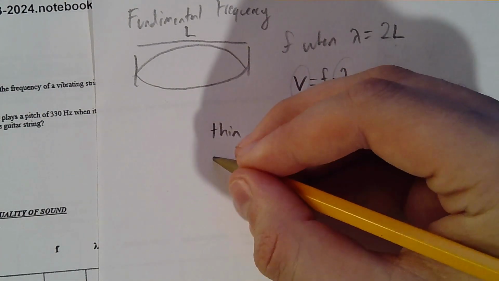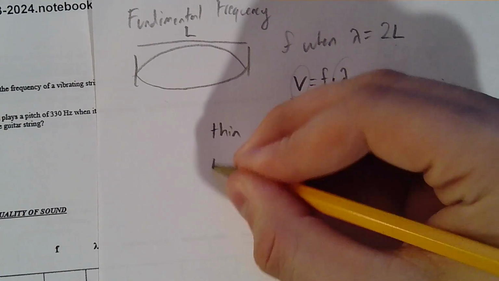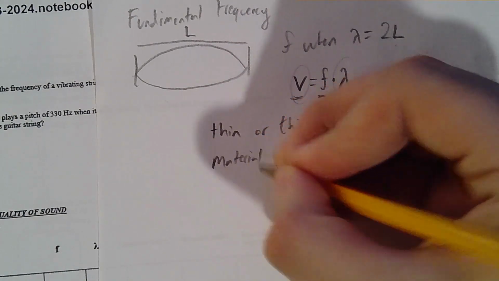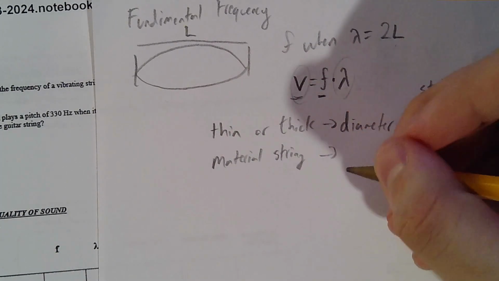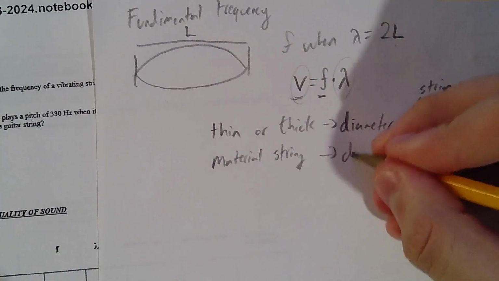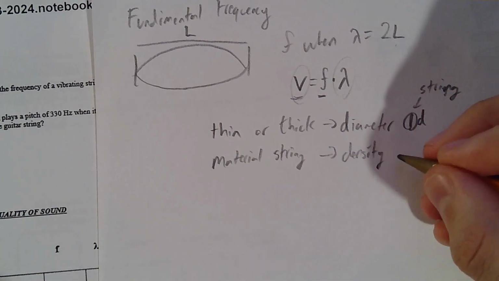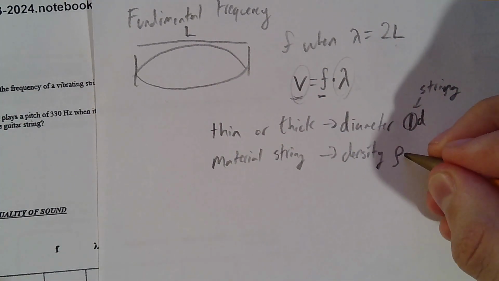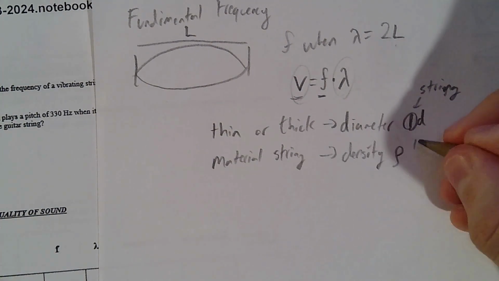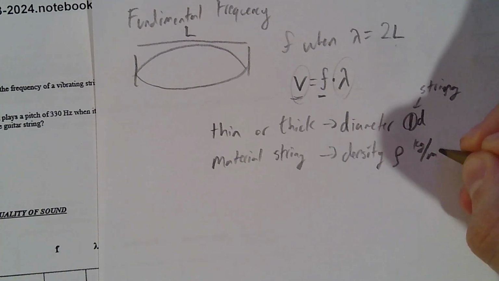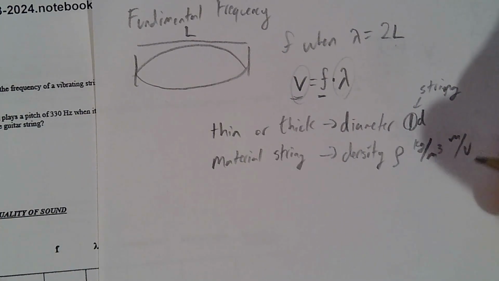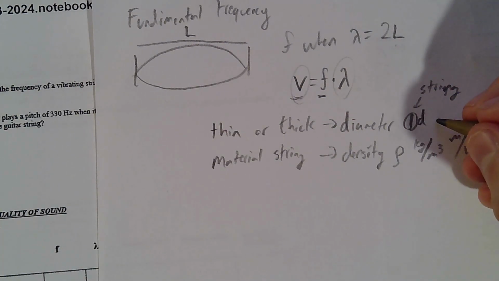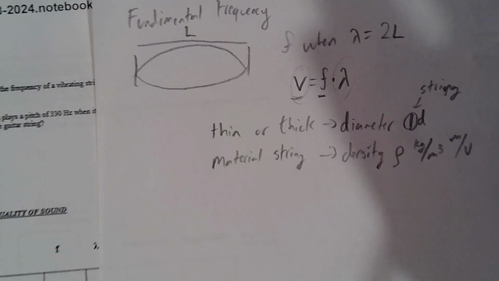We can also think about whatever the string is made out of, the material of the string, and the material itself doesn't matter as much as the density of that material. So we're going to be using the density of the material, the mass per volume, right? Mass per volume of whatever material is creating the string. Okay, good with that?